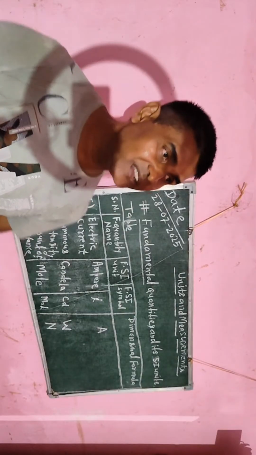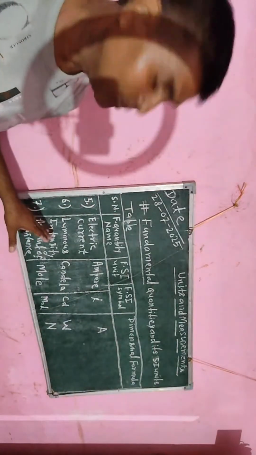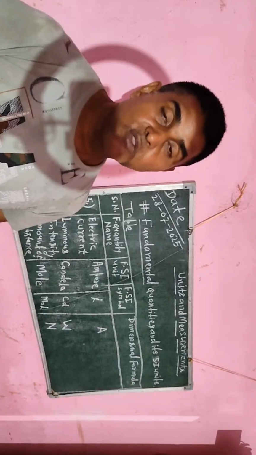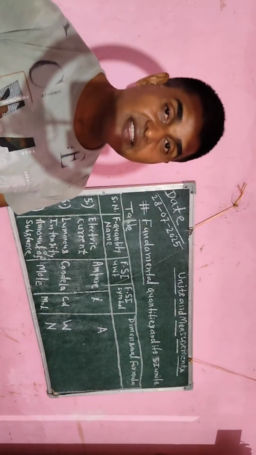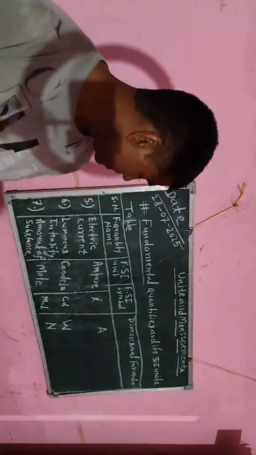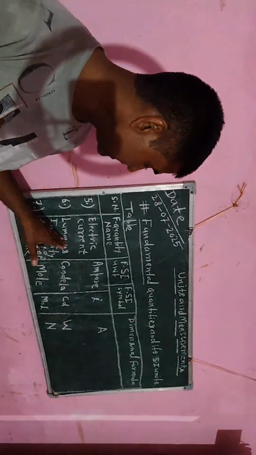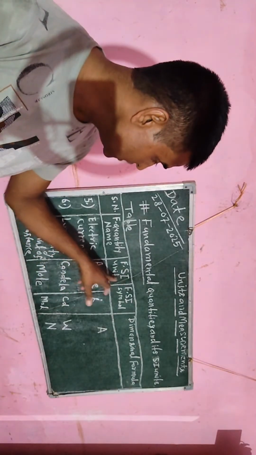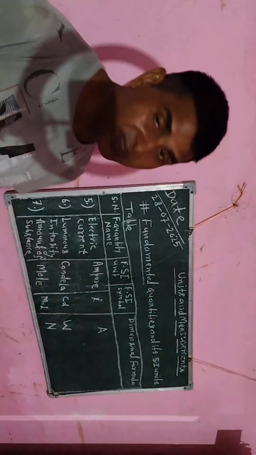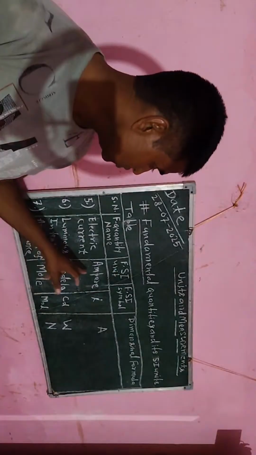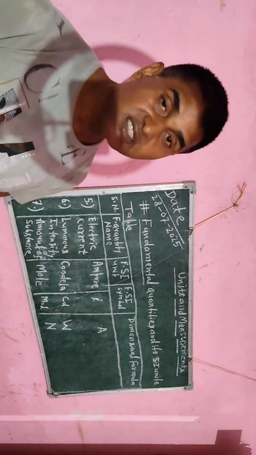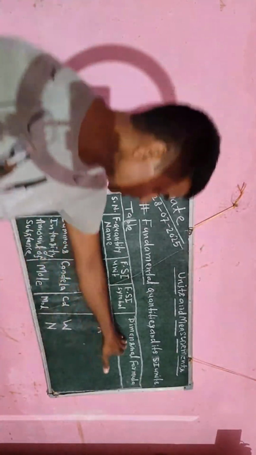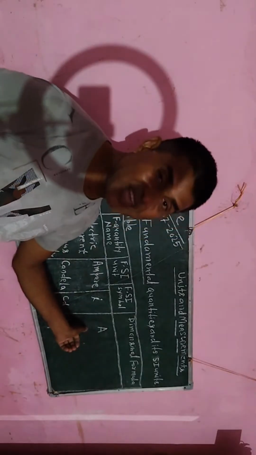Then I have also written other information: vidyut dhara, which is also written as electric current. Corresponding to vidyut dhara, the SI unit will be ampere, written in Hindi, but in English it will also be ampere, and its symbol will be small i, and the dimensional formula, that is vimiya sutra, will be capital A.